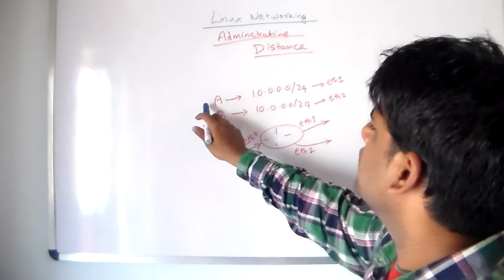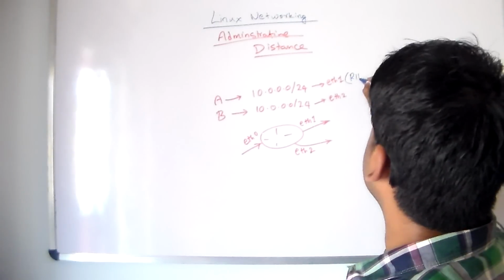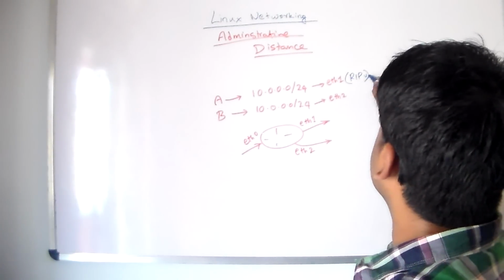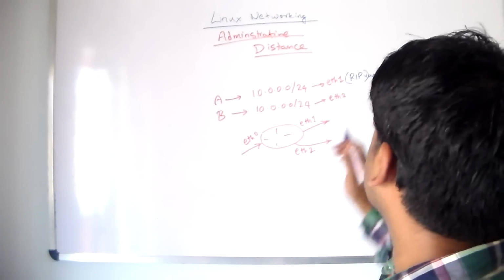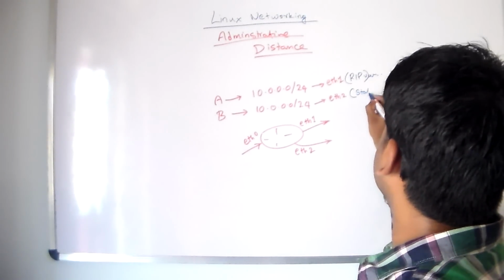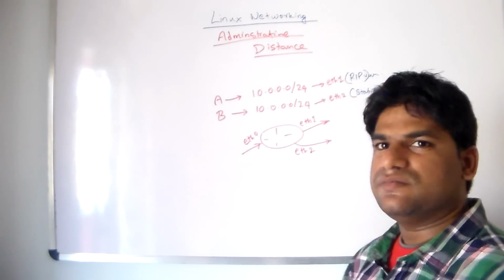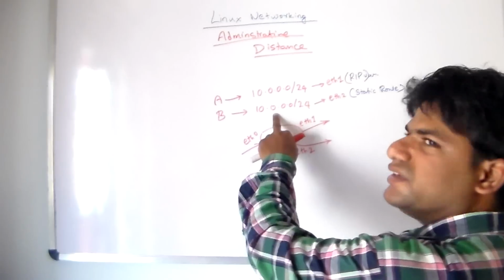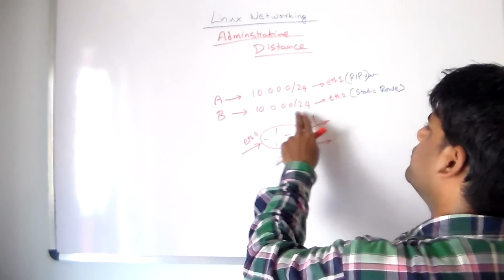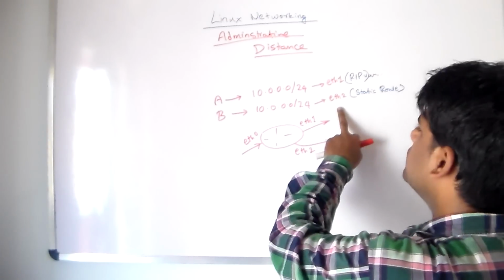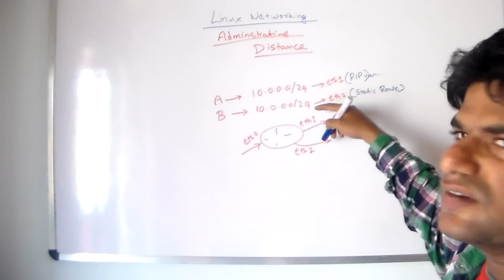Assume this route you got via the dynamic routing protocol RIP, and it can be any RIP variant, and assume this one you have configured as a static route, which means you have entered this manually, saying that this particular subnet is supposed to be destined via this particular port. So in this case you have two identical routing entries.